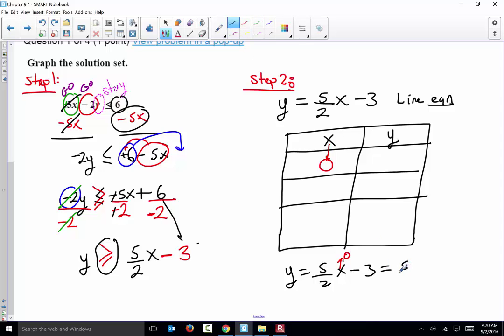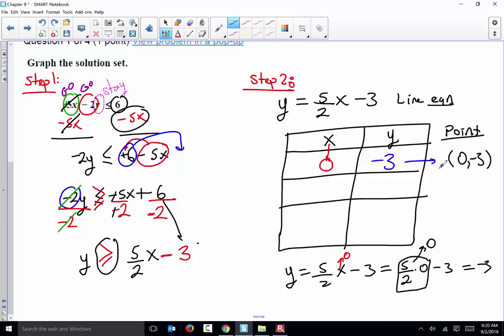Let's compute it. 5 over 2 times 0 minus 3. What is 5 over 2 times 0? What is 0 take away 3? There you go. You computed y. And pair them up. The first point you got is 0 comma negative 3. Perfect. Let's get the second one.